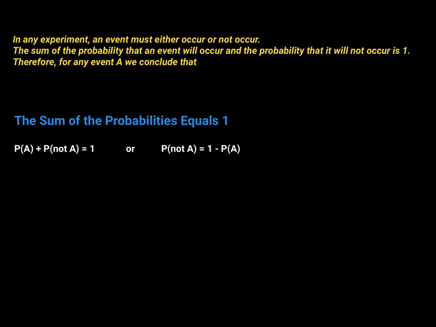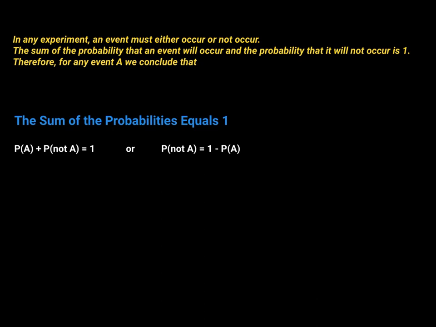Now, in any experiment, an event must either occur or not occur, right? So either the something that you're looking at is going to happen or it doesn't happen, right? So the sum of the probability that an event will occur and the probability that it will not occur is 1.